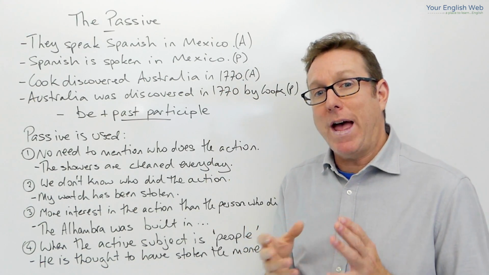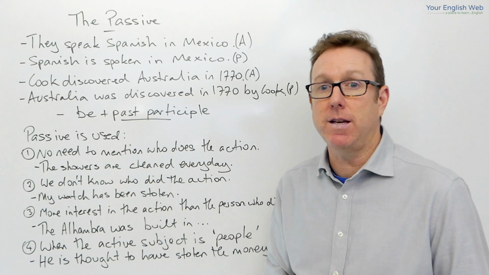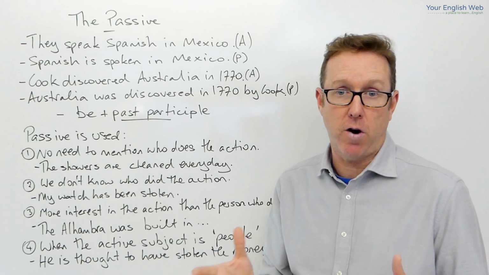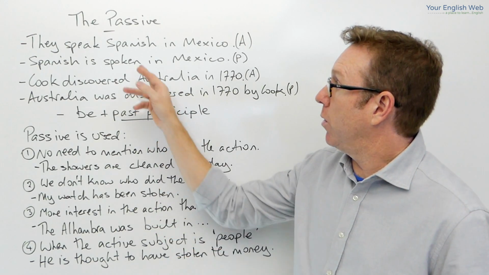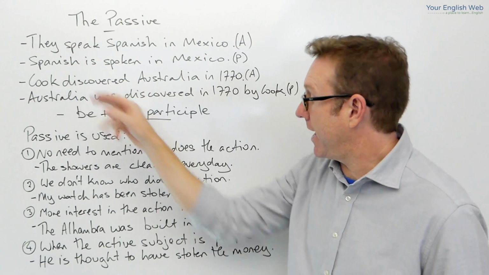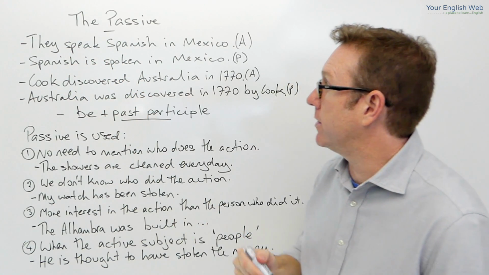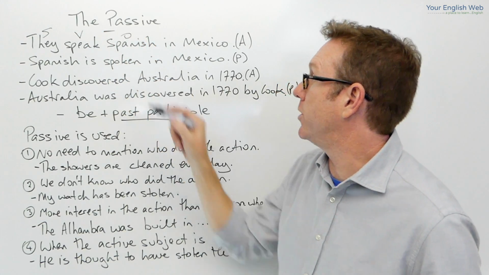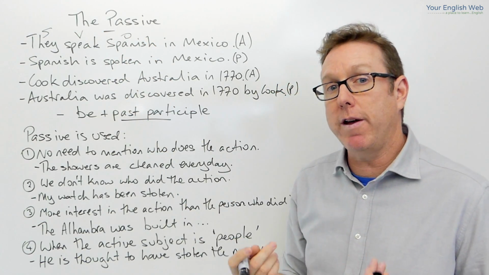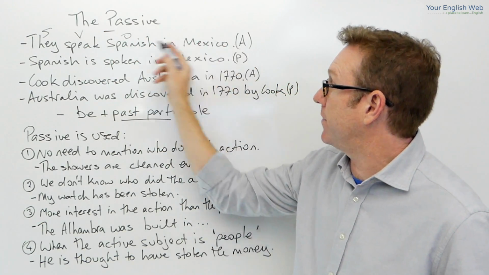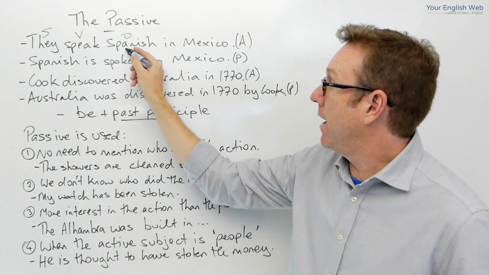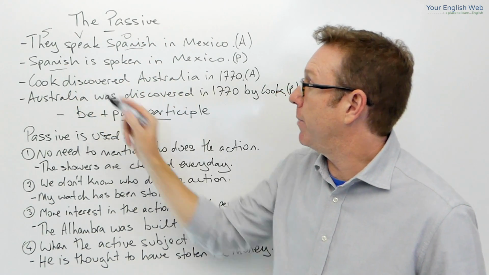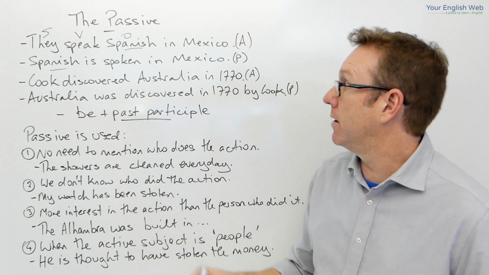Now, how do we form the passive sentence from the active one? Well, we have the subject, verb, object, okay? Now, if we want to turn the active sentence into a passive, our object becomes our subject.